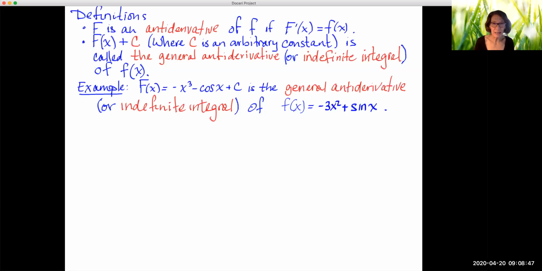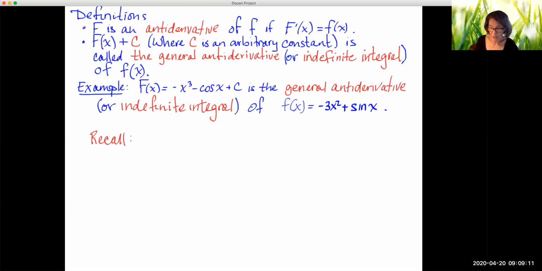And that's also called the indefinite integral of little f of x. So basically we're going backwards now. We're starting with derivatives and we're anti-differentiating them to find the antiderivatives.